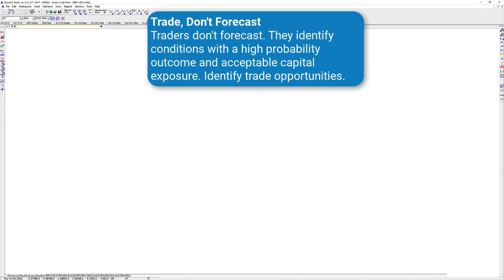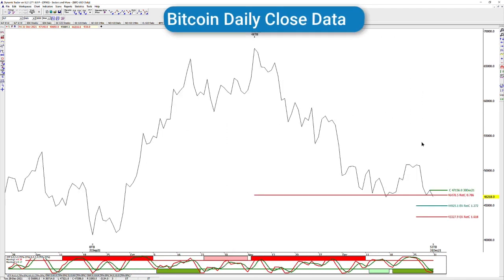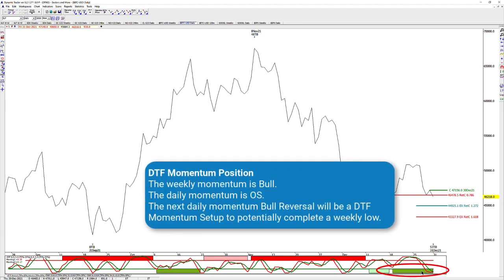So let's take a look at the daily momentum and other position of the market. So this is Bitcoin daily, and again, it's on closing data. So look at where we are as of the last bar in the chart. Again, this is the DT oscillator, and it shows the dual time frame. So all of this light green was when the weekly momentum got oversold, and then this darker green, of course, is when the weekly momentum made a bull reversal.